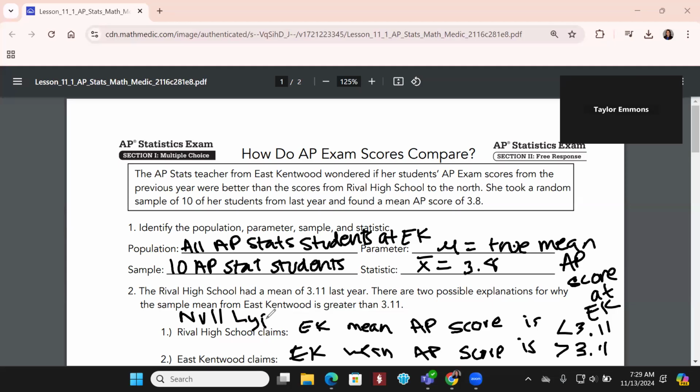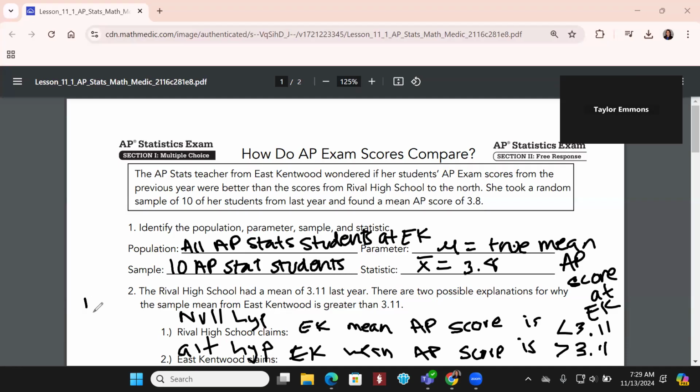All right, this one is called the alternative hypothesis.